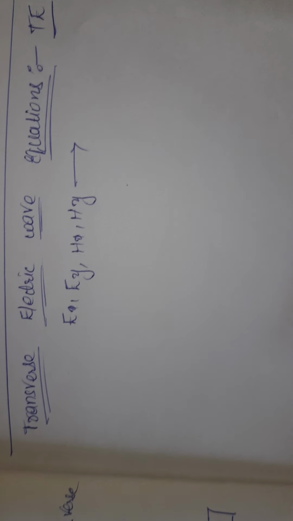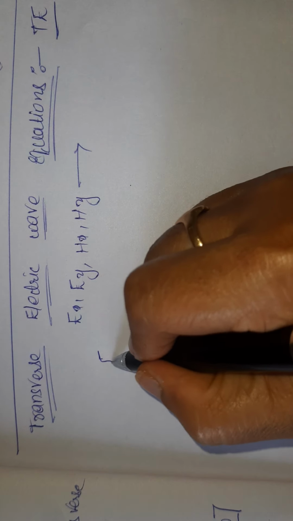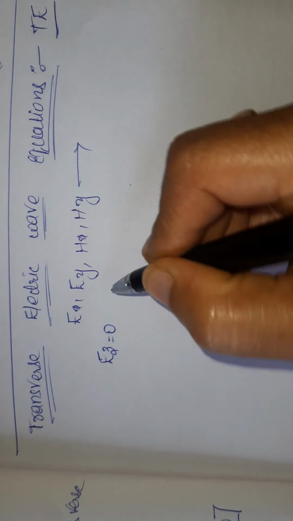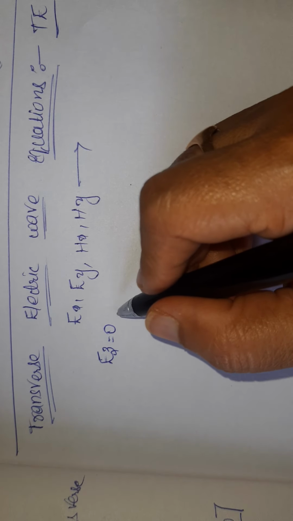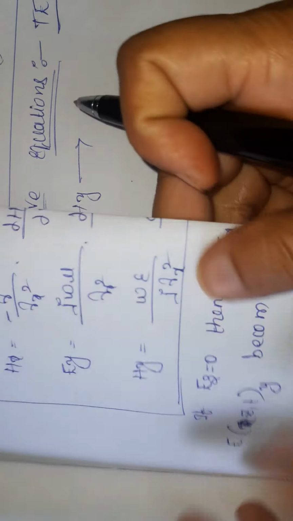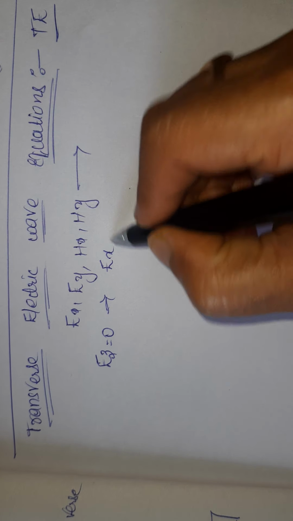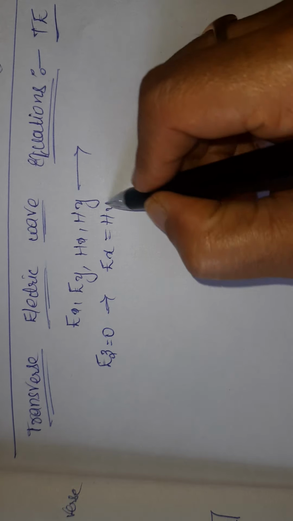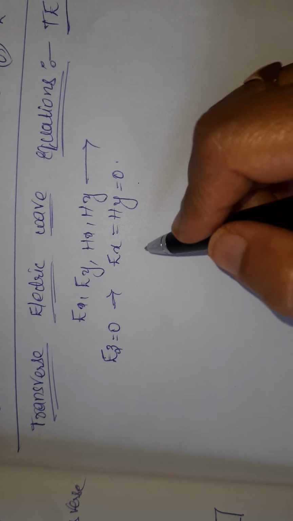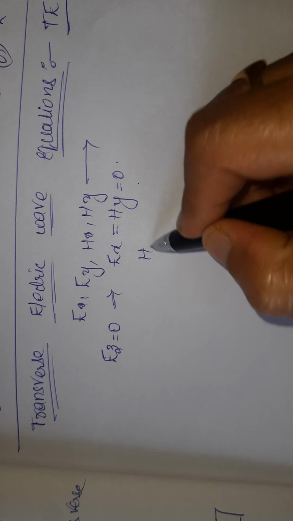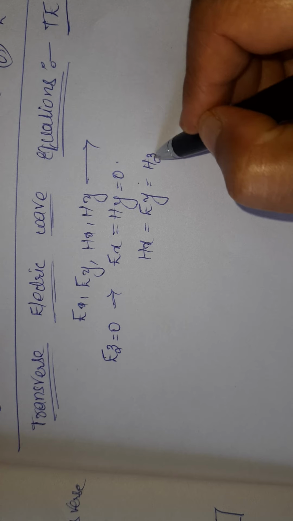Now we have to substitute Ez equal to 0. Then we know that Ex and Hy both are equal to 0, and the fields not equal to 0 are Hx, Ey, Hz.